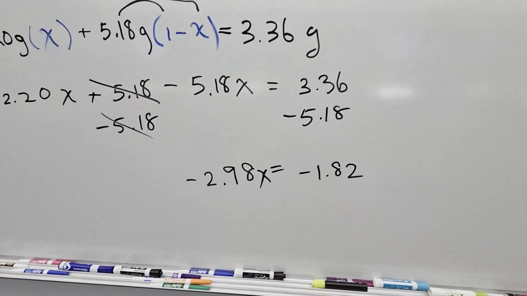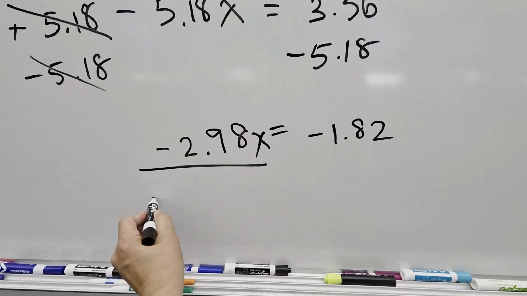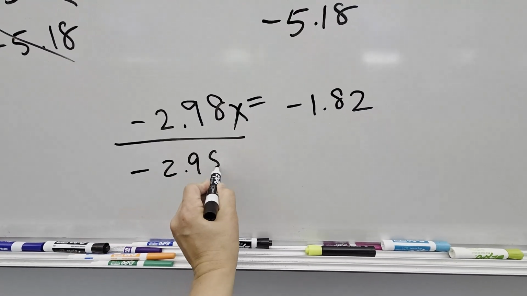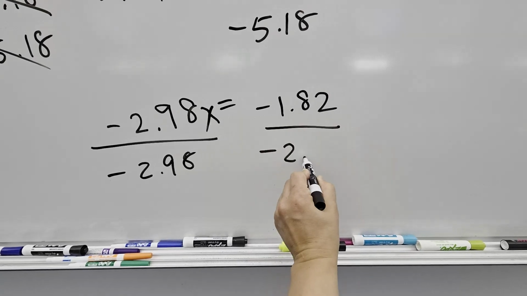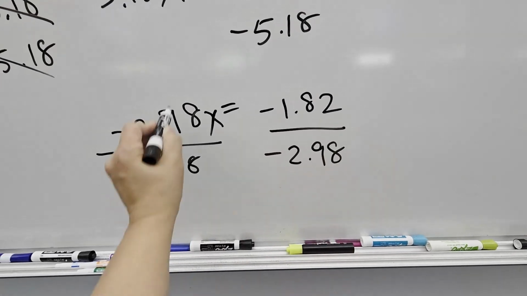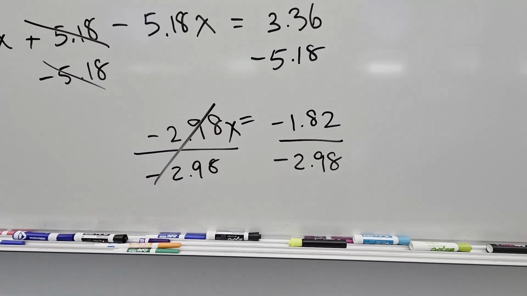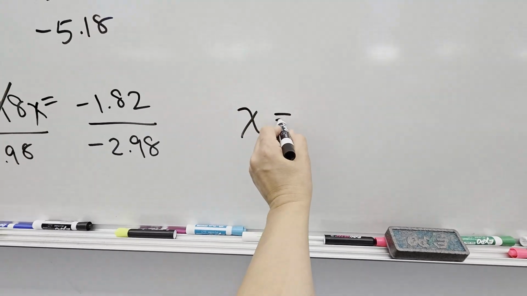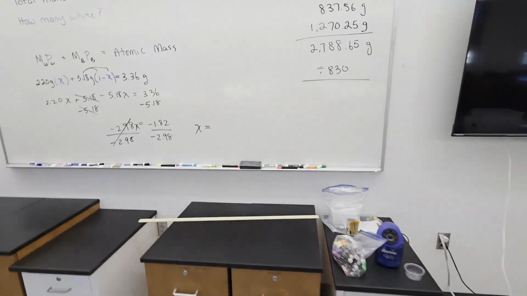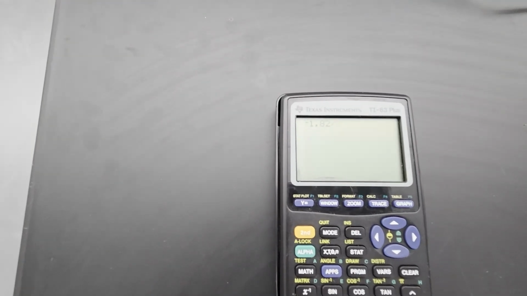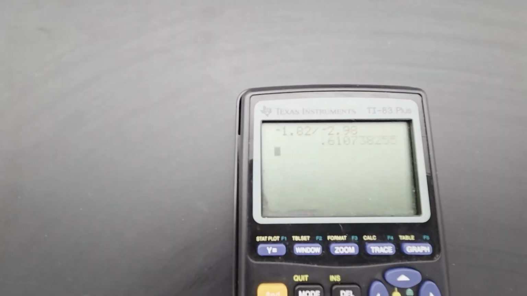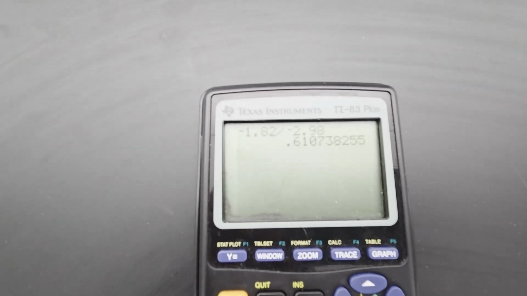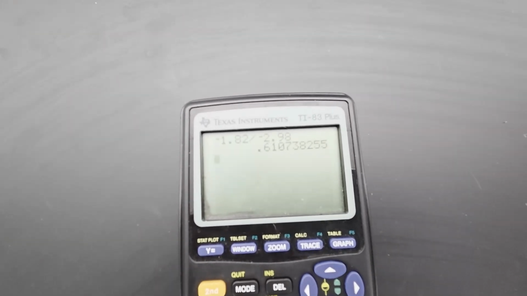Now we can divide through by negative 2.98 to isolate the x. So we got 61.1%.